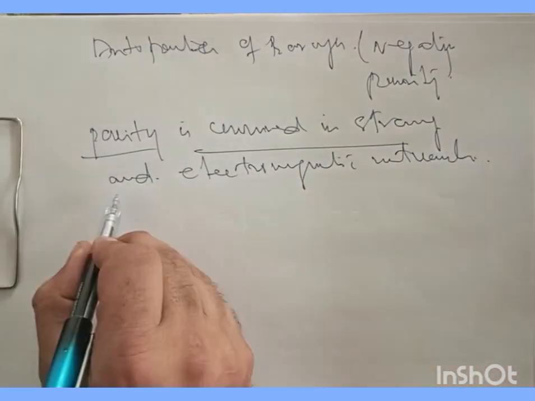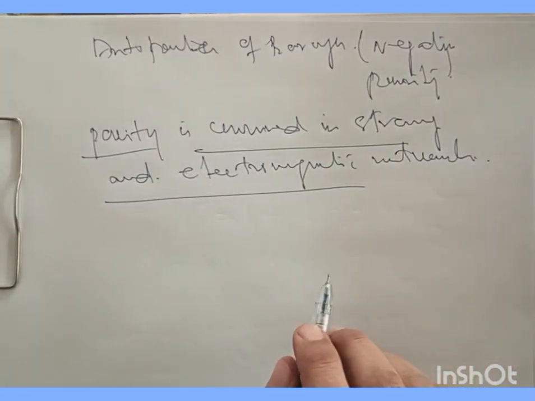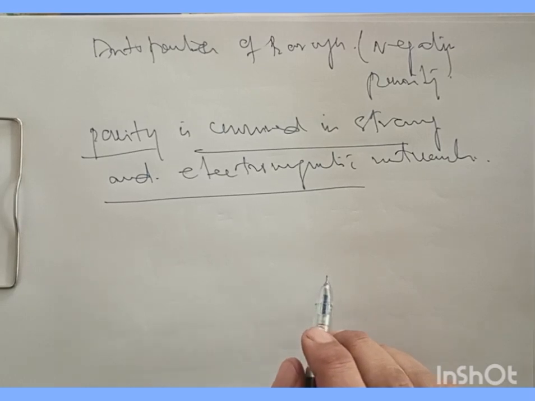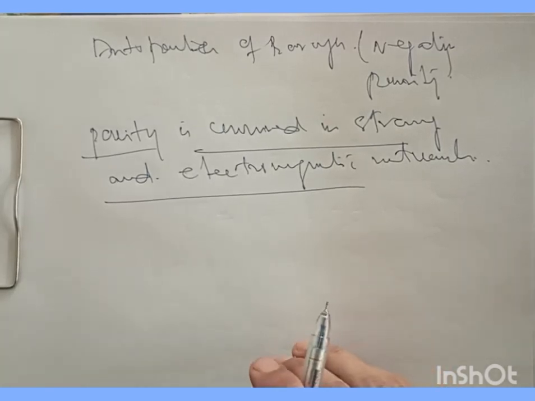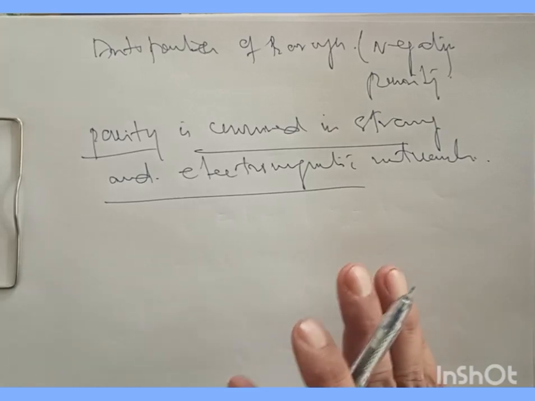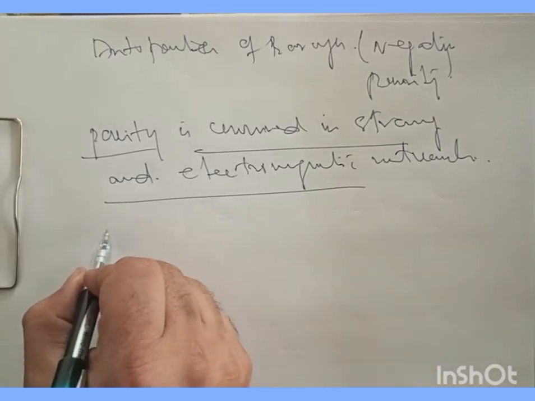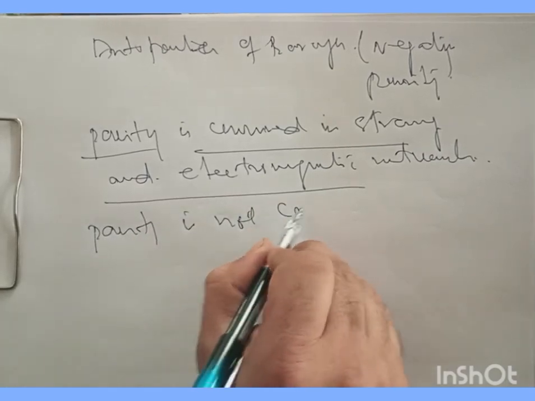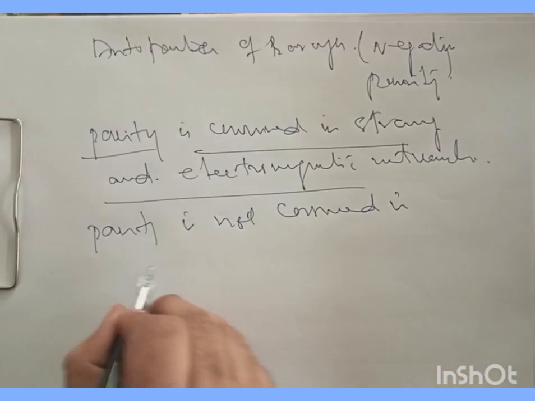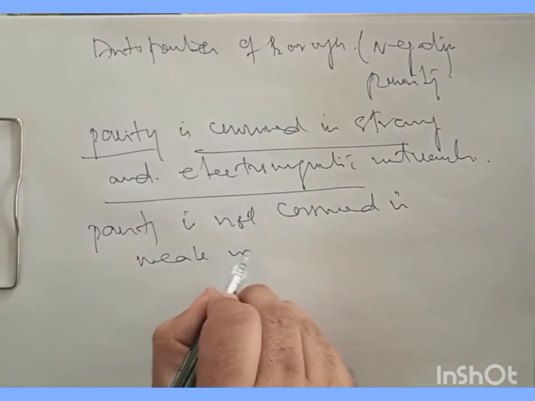So parity is conserved in case of strong and electromagnetic interactions, while parity is not conserved in case of weak interaction. So parity is not conserved in weak interactions.